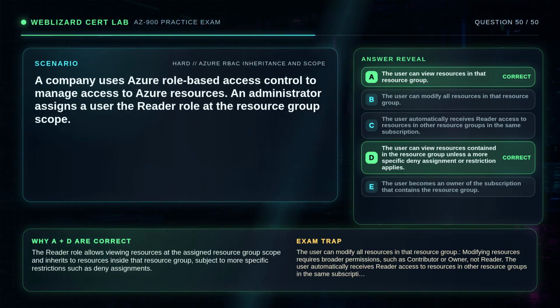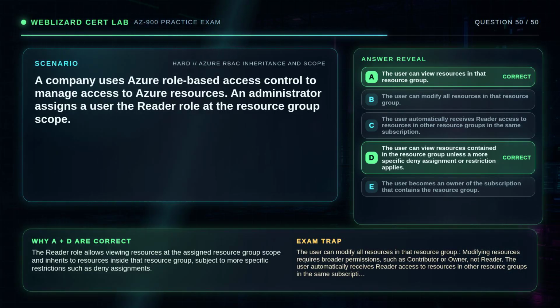The user can modify all resources in that resource group. Modifying resources requires broader permissions, such as Contributor or Owner, not Reader. The user automatically receives reader access to resources in other resource groups in the same subscription. RBAC assignments apply at the assigned scope and inherit downward.